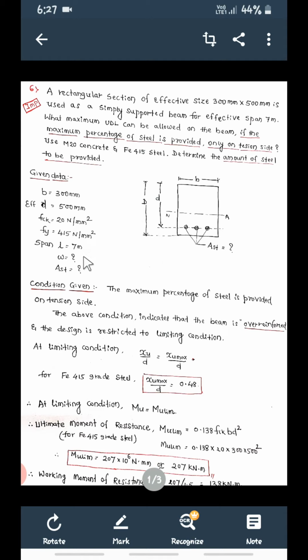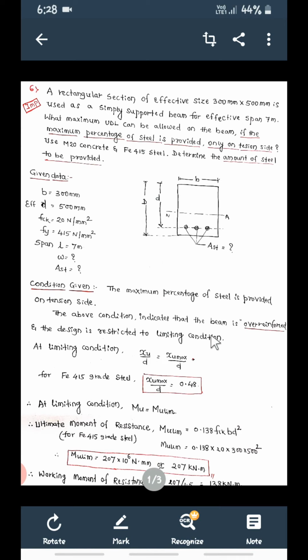The span will be given, so we need to find out this W, the total UDL, or we need to find out the moment of resistance. Moment of resistance you need to find out in the first type of problem. So please solve all these 6 problems and practice them. If you have any doubt, feel free to ask me.